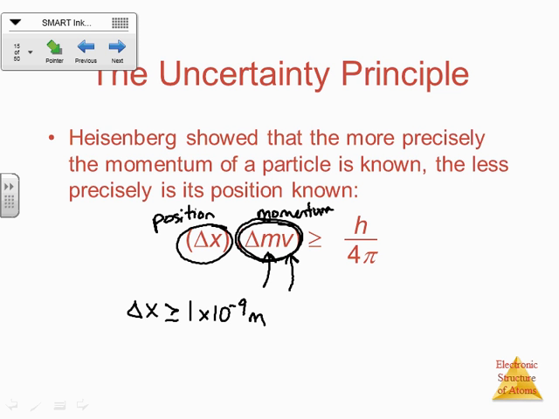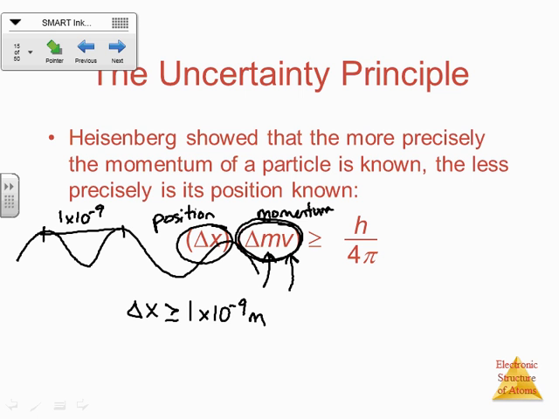Because if you have a really big wavelength of light that you're shooting at an electron, well, that's okay, but it's a big wavelength, so we still have no idea where the electron is, right? If the wavelength here is 1 times 10 to the negative 9th, then again, that doesn't tell us anything about where the electron is in the atom.